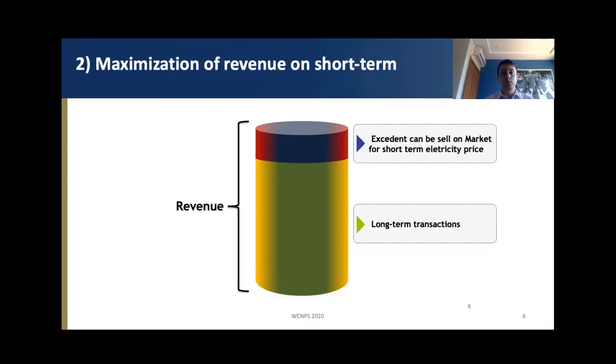The market rules in the Brazilian power market are changing. There is an effort to bring in, in 2021, the hourly price for electricity, and this hourly price will bring some opportunities for power plants to sell the surplus of the long-term transactions on this short-term electricity market.